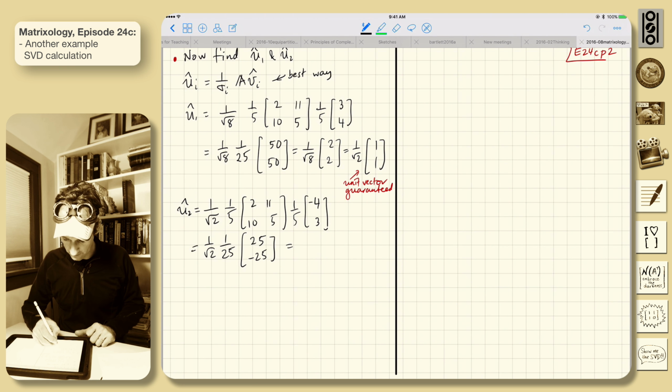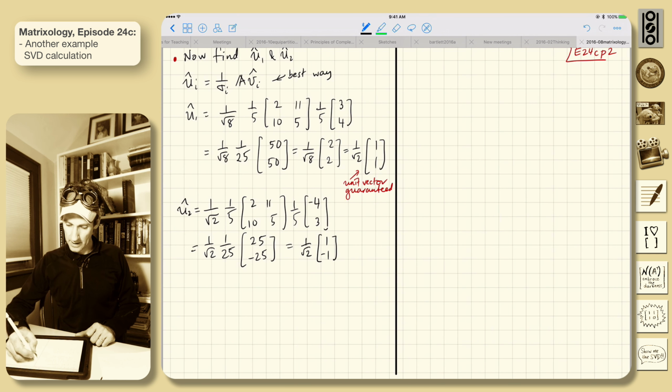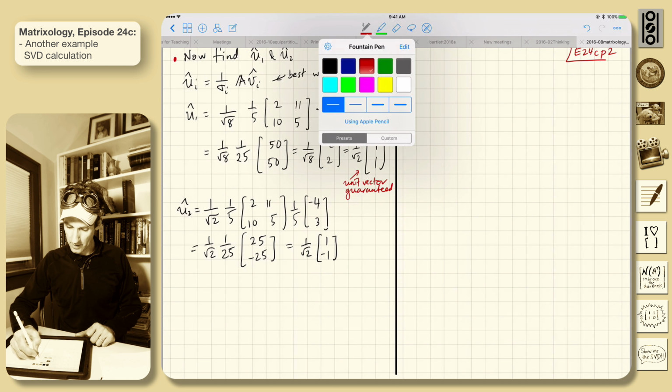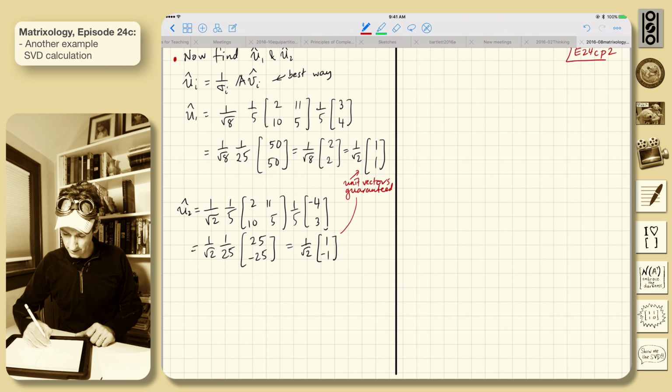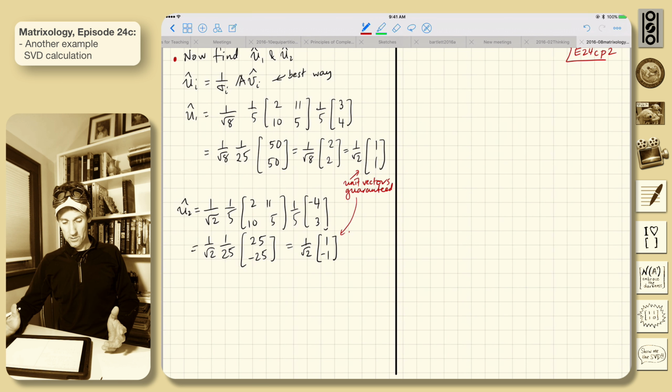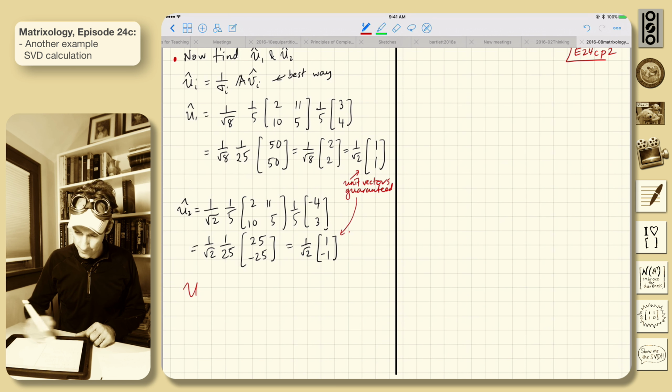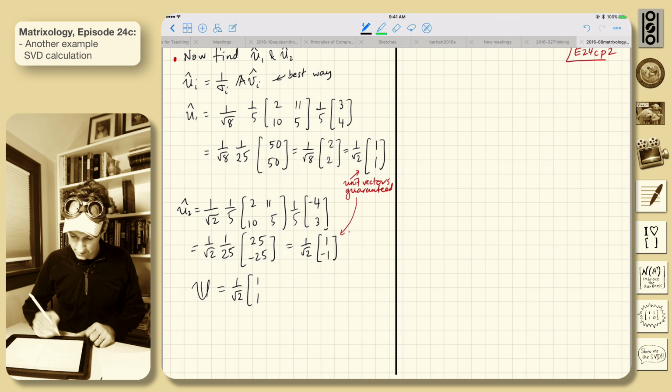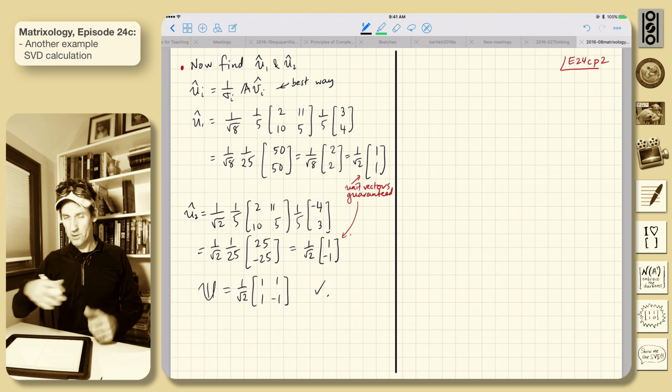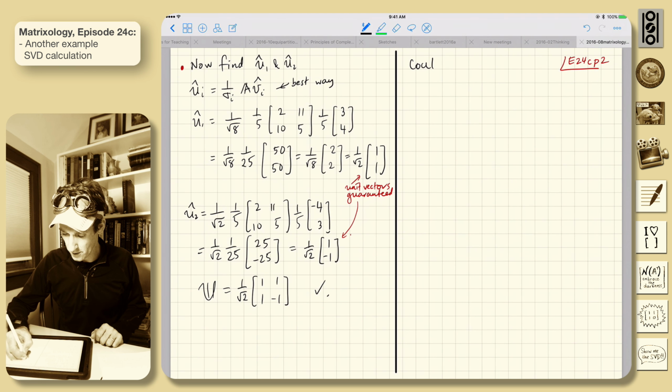Very sneakily, things fall through very nicely, and we end up with 1, minus 1. So again, unit vectors are guaranteed. So we're done. So now we have U. U equals 1 over root 2, and we just stack them next to each other, 1, 1, and then 1, minus 1.